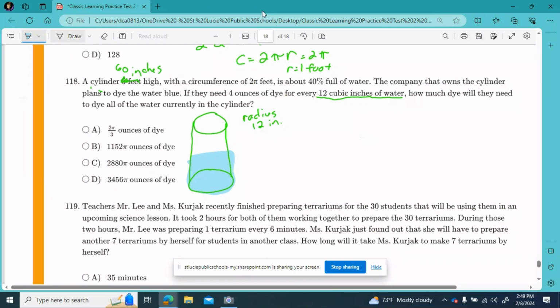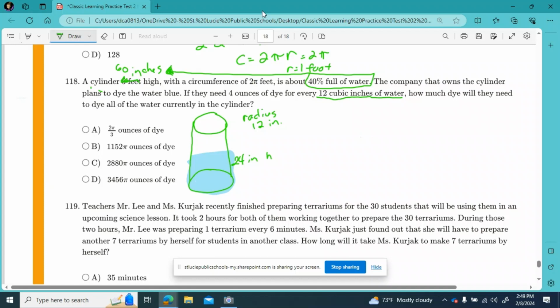So I don't want to find the volume of the whole entire cylinder. I only want 40% of it. So what's 40% of 60 inches? That'd be 4 inches for every 10 inches. 4 times 6, that'd be 24 inches height.